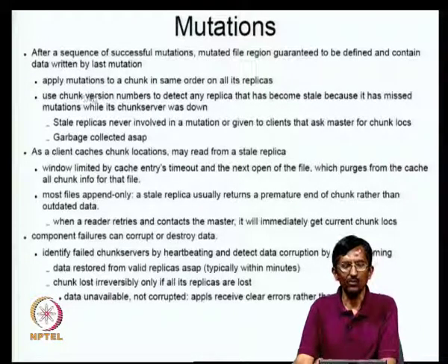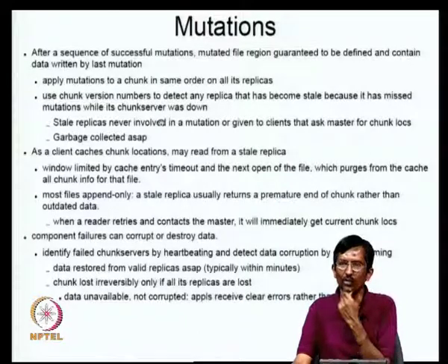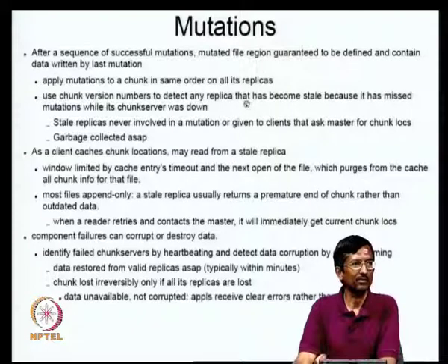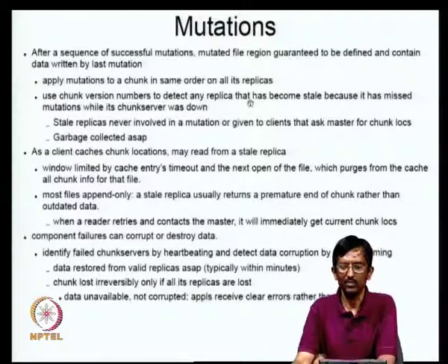So it also uses something called chunk version numbers to detect any replica that has become stale because it has missed mutations while its chunk server was down. Because there are possibilities of failures, a replica may become stale because it has missed some changes.